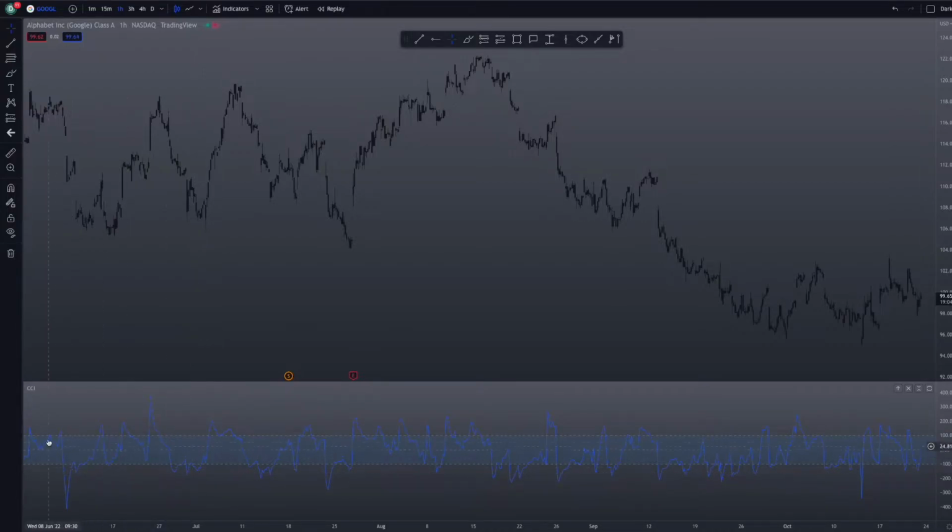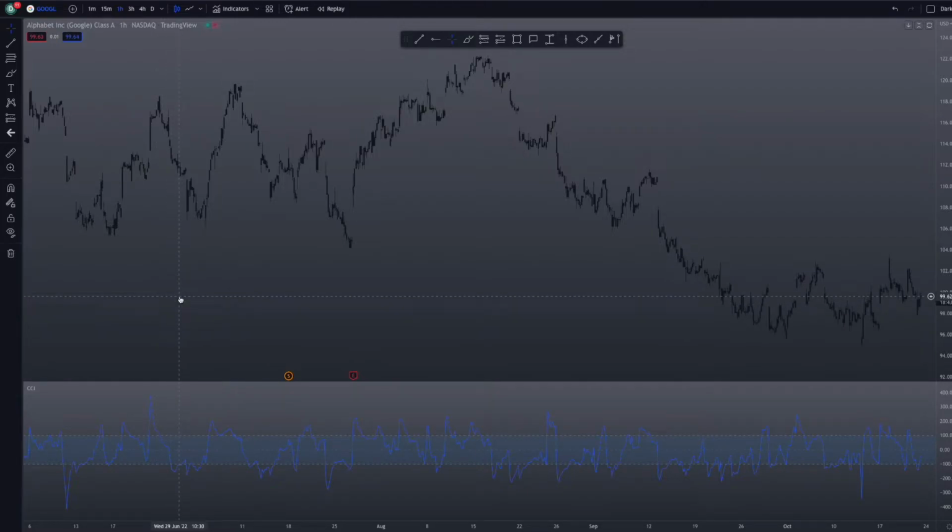Now, the way this line is calculated is that it is the difference between price and a moving average applied to this chart. Standard is usually about a 20 period moving average.